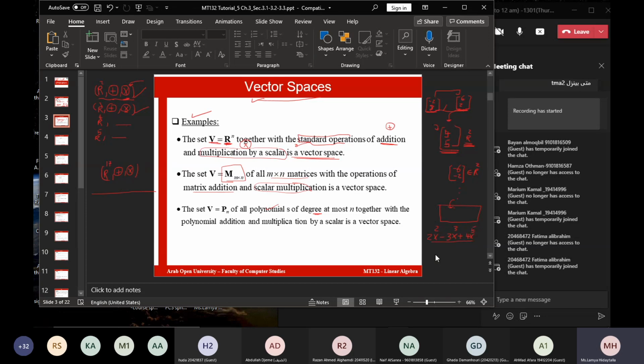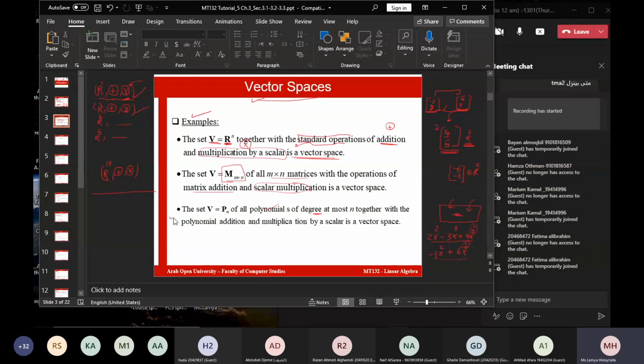And the second one could be minus 3x squared plus 6x to the power 5. If I add them, am I going to end up with one that is here or no? Yes, because it is a polynomial of degree n, the highest here is a degree 5, etc.